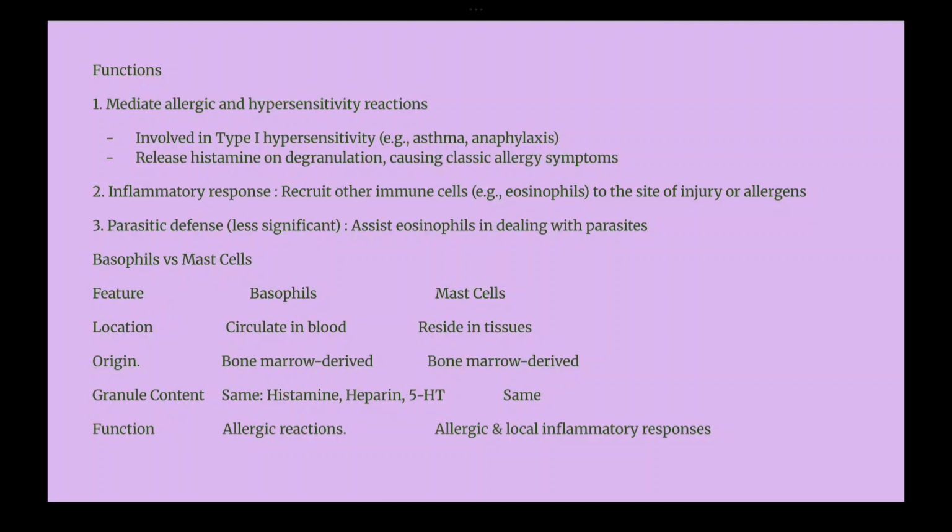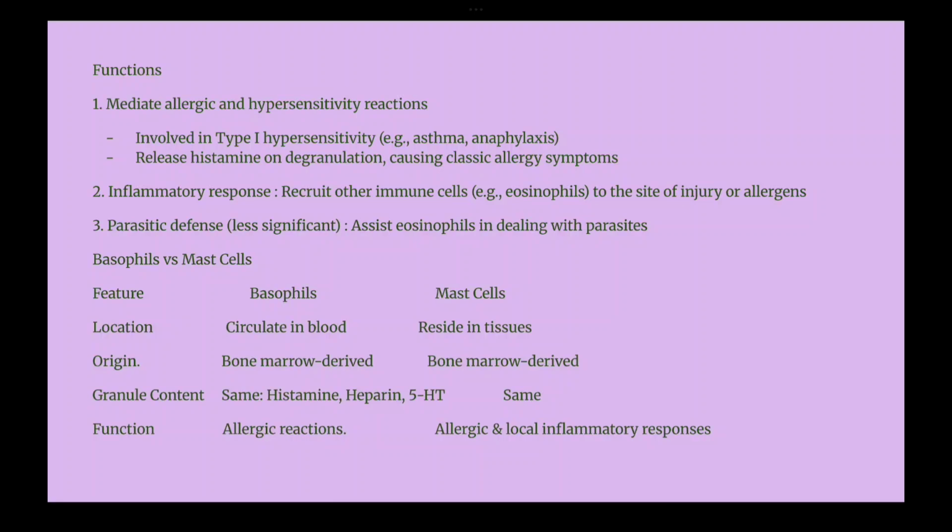The function of basophils is to mediate allergic and hypersensitivity reactions, and they are majorly involved in type 1 hypersensitivity. For example, asthma and anaphylaxis are reactions against immune infections that have been caused.